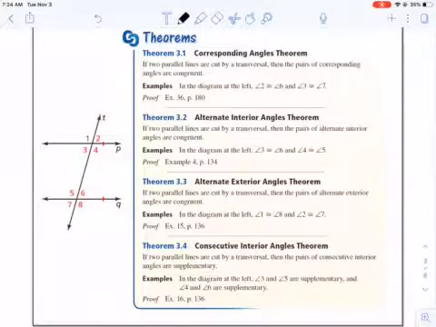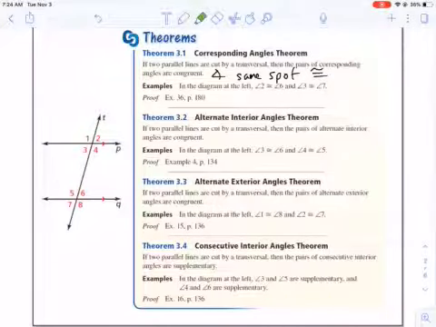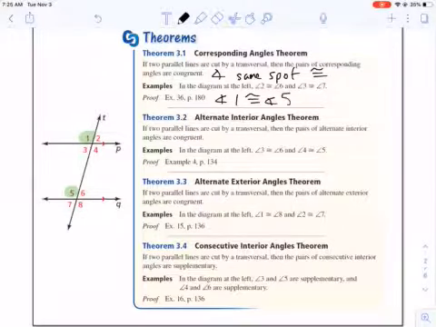What we really mean is angles in the same spot are congruent. So one is up here in the upper left, 5 is also in the upper left, so angle 1 is congruent to angle 5.